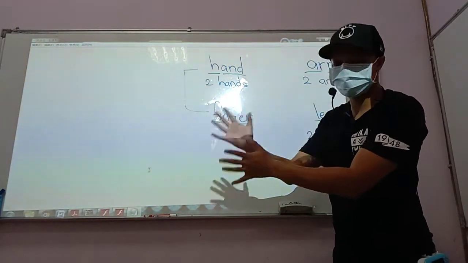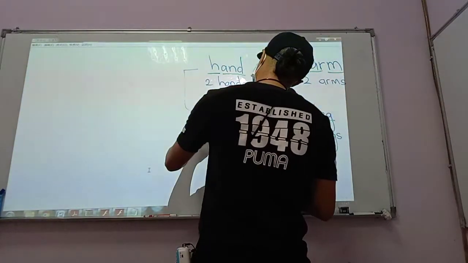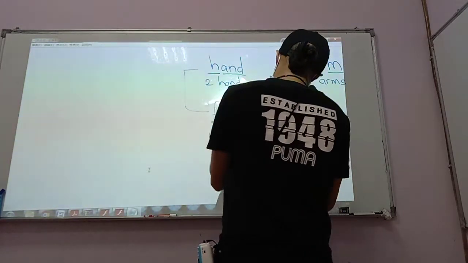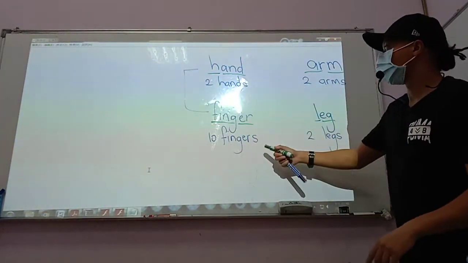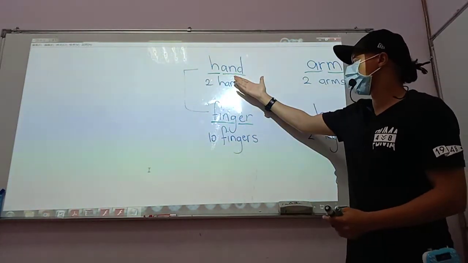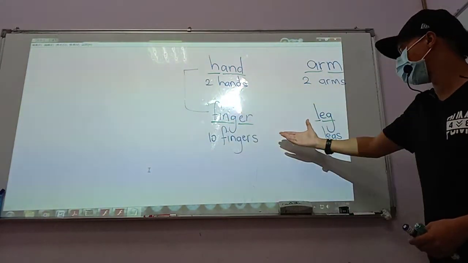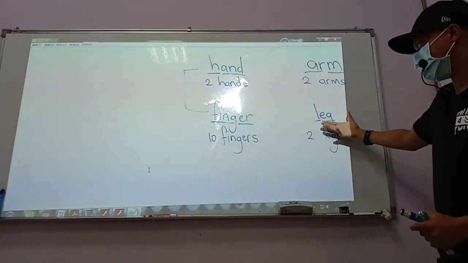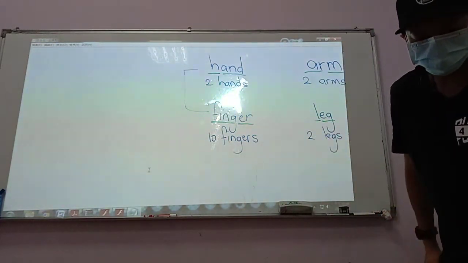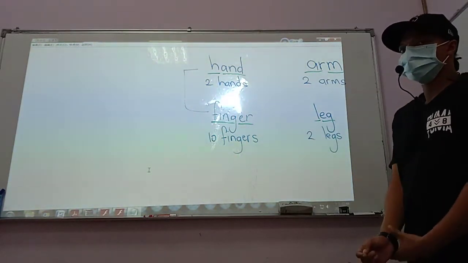Yeah, I have 10 fingers. So let's write. We have 10 fingers. Okay? Let's say it one more time, everybody. Hand, arm, finger, leg.